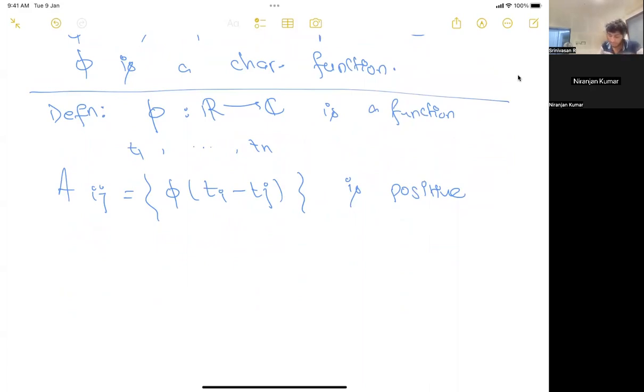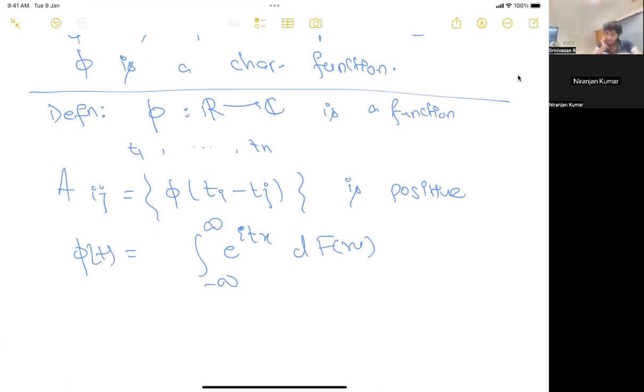Now, if we have some characteristic function, then we know that it is some integral of e to the I tx with respect to some probability distribution. This function phi of t is, as you can clearly see, continuous.